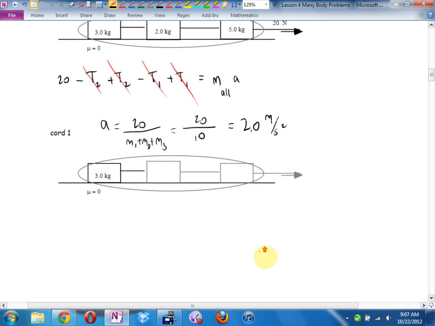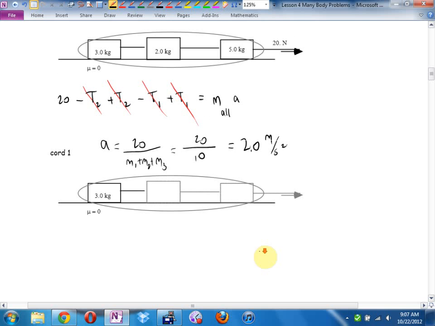So let's find tension 1. That's going to be M1G, normal force 1, tension 1, winner, equals, and now I'm just looking at a single solitary mass, M1A. Tension 1 is going to be 2. Sorry, not 2. The mass is 3.